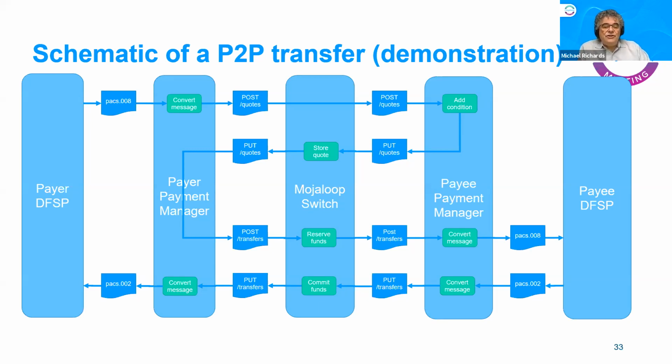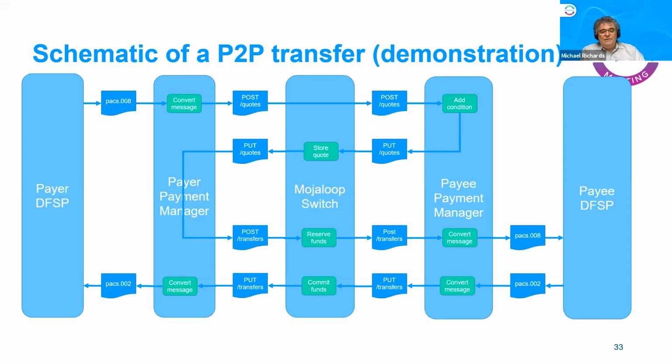The switch commits the funds, sends the put transfers message to the payer's payment manager, which converts that into a PAIN.002 message and sends it to the payer DFSP, which gets what it was expecting to get. So it will now make its peace with the customer and everything will be fine.